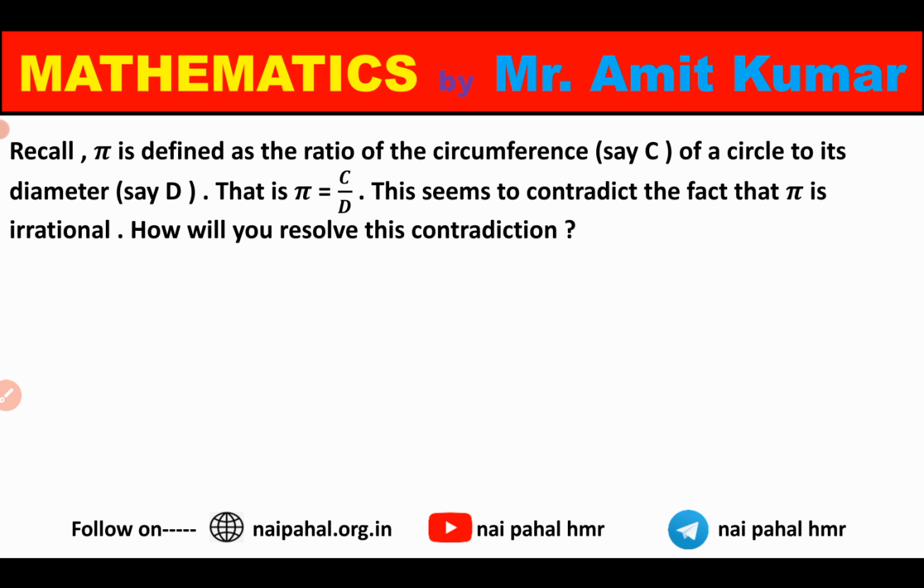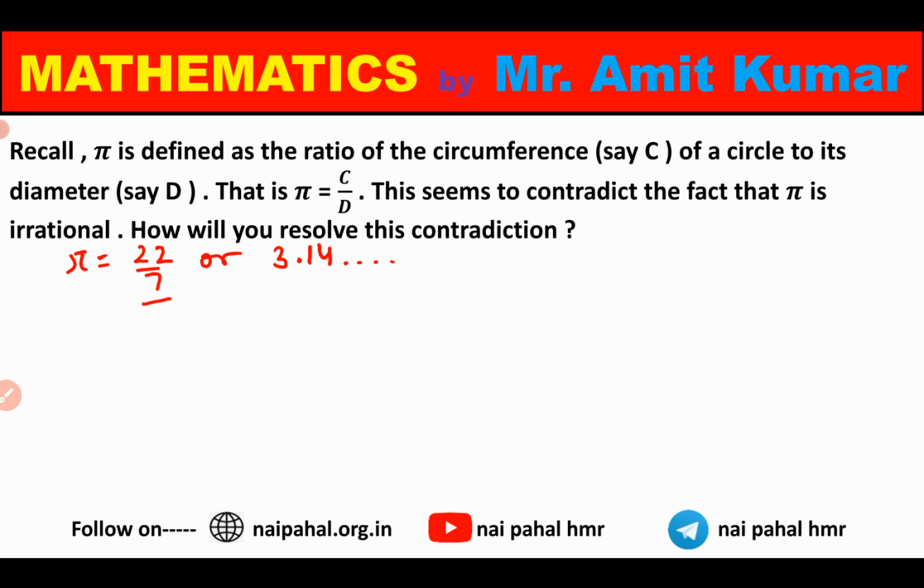Recall pi is defined as the ratio of the circumference, say C, of a circle to its diameter, say D. That is, pi is equal to C upon D. This seems to contradict the fact that pi is irrational. How will you resolve this contradiction? First of all, I want to tell you pi is to be taken as 22 upon 7 or 3.14 and so on.